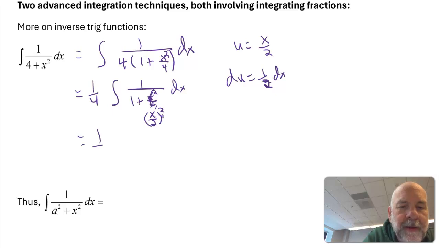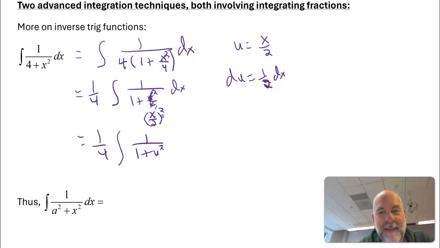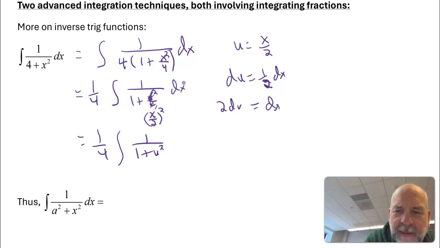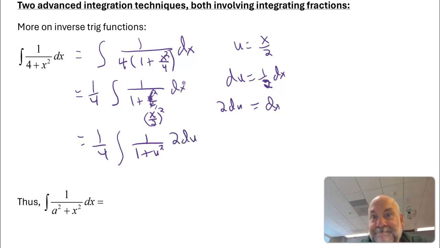So, all right, I got the 1/4 that's sitting there, and I've got the 1 over 1 plus u squared, and boy, I like that. But now I've got this dx, so I don't have any tricky way to do it, so I'll just solve for dx, and I'll turn that into 2 du. Cool?